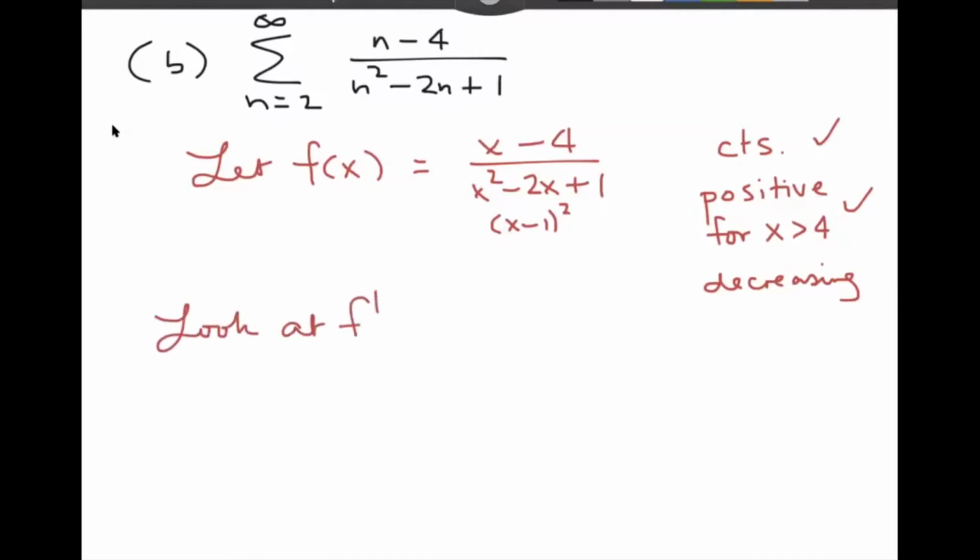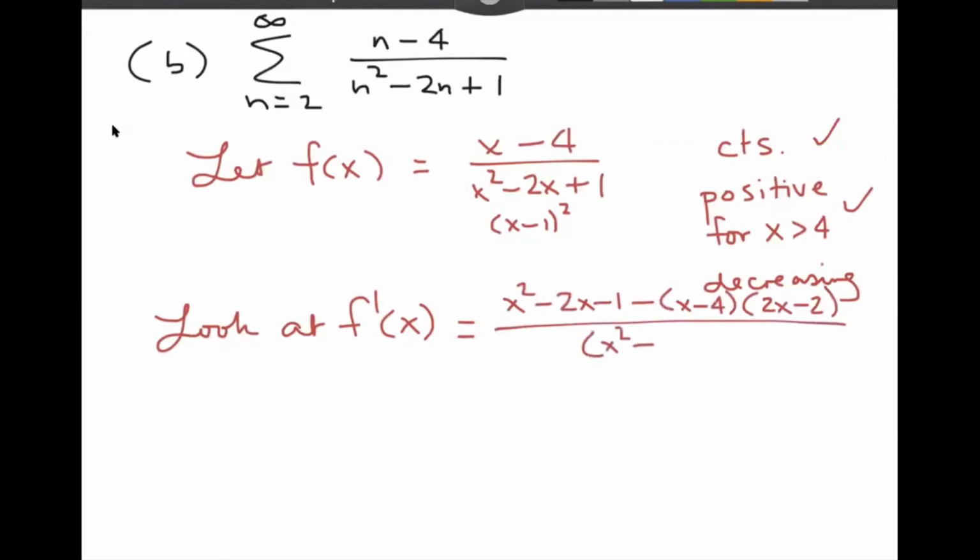F prime of x. Using the quotient rule, the first derivative of this function is the bottom times the derivative of the top minus the top times the derivative of the bottom all over the bottom squared.